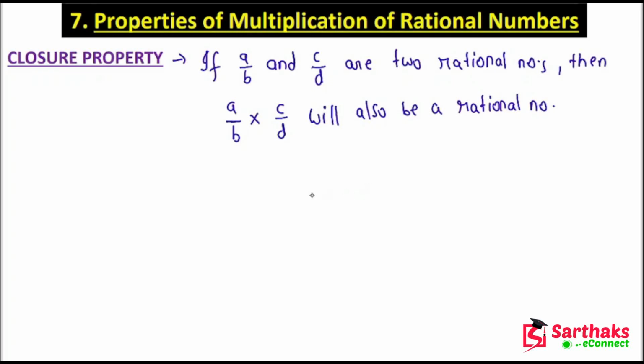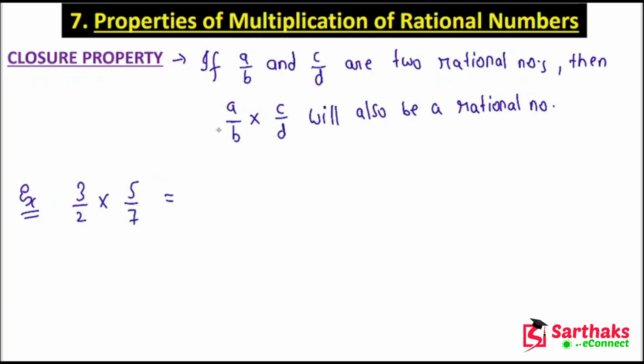Okay. Let me give you an example. It is very clear that yes, if you multiply two rational numbers, you will always get a rational number, because the multiplication is A cross C upon B cross D, which is essentially a rational number, right? Now let me give you some examples to make it more clear. Let us multiply 3 by 2 and 5 by 7.